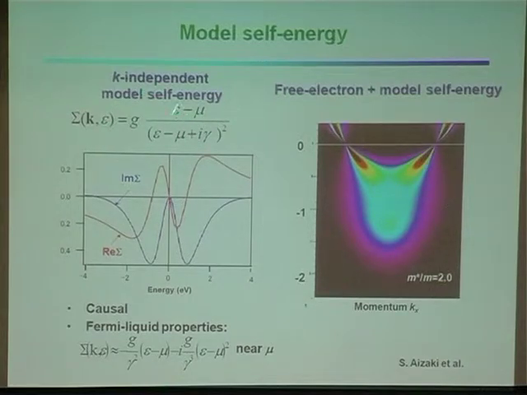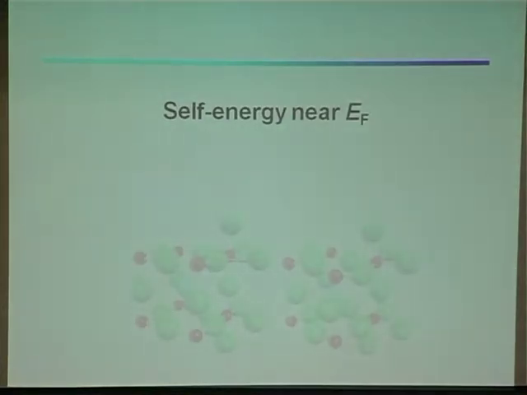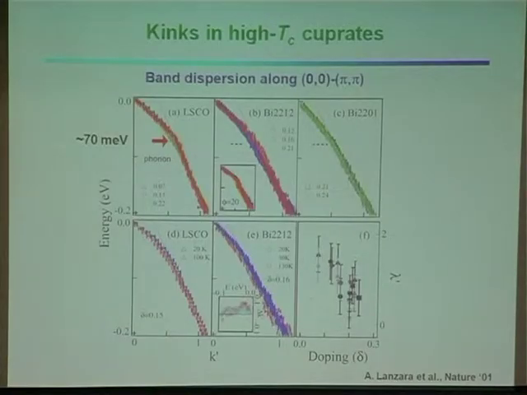I think this is the simplest analytical form that you can imagine that captures the Fermi liquid properties and global high energy properties. And actually this incoherent part is weakly dispersing, and spectral weight is confined within this.